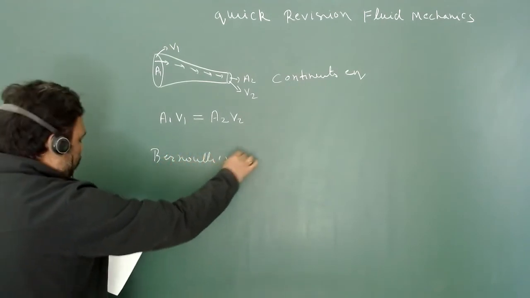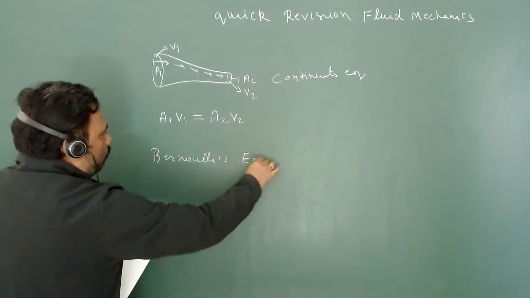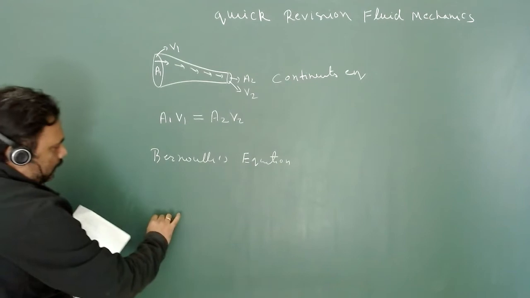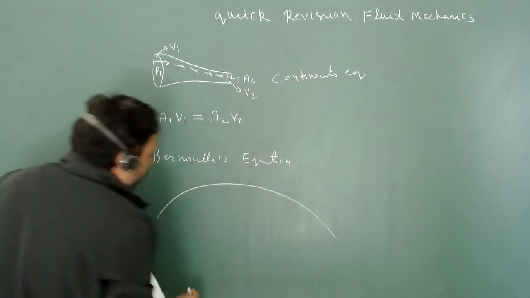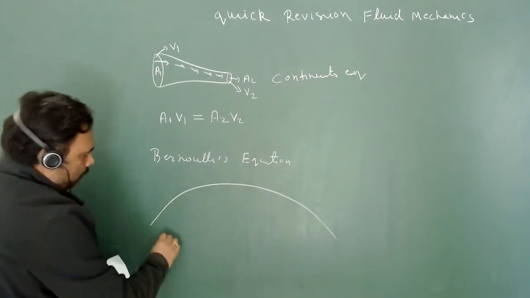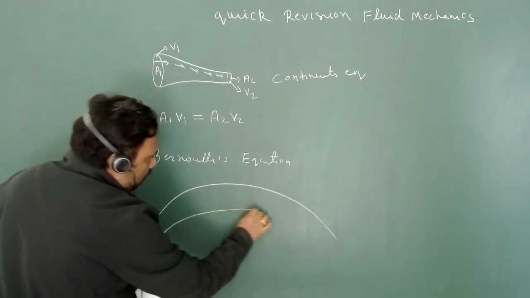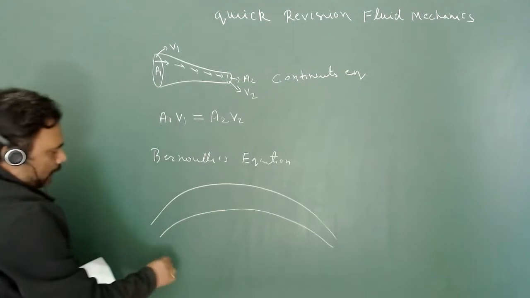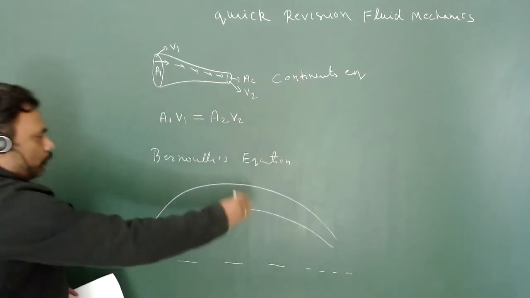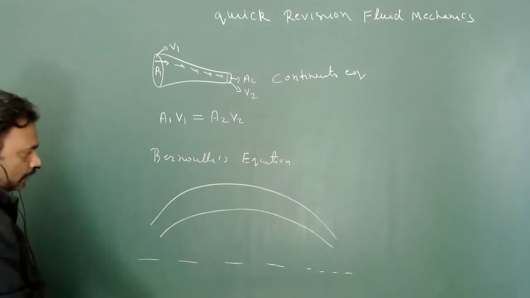Bernoulli's equation. Suppose there is some fluid in a pipe, and this is your reference line, such that every point has a different height and different pressure.